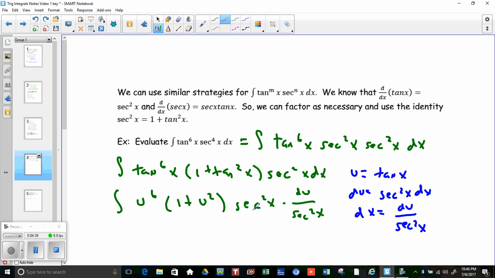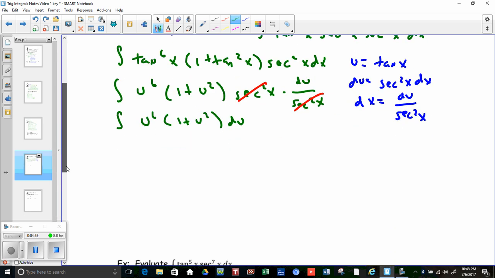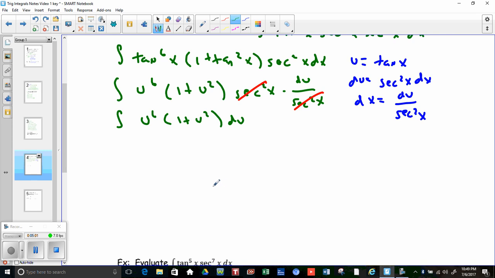Again, at this point, the secant squareds are going to divide away, and what we are left with is the integral of u to the 6th times 1 plus u squared du.